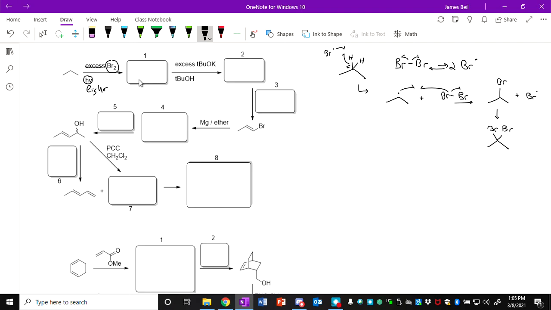So that would be the expected substance to draw in this box here. I wouldn't expect the hydrogens at the primary sites to be reactive because the primary free radical that would have to go through as an intermediate would be a lot less stable than the secondary one.